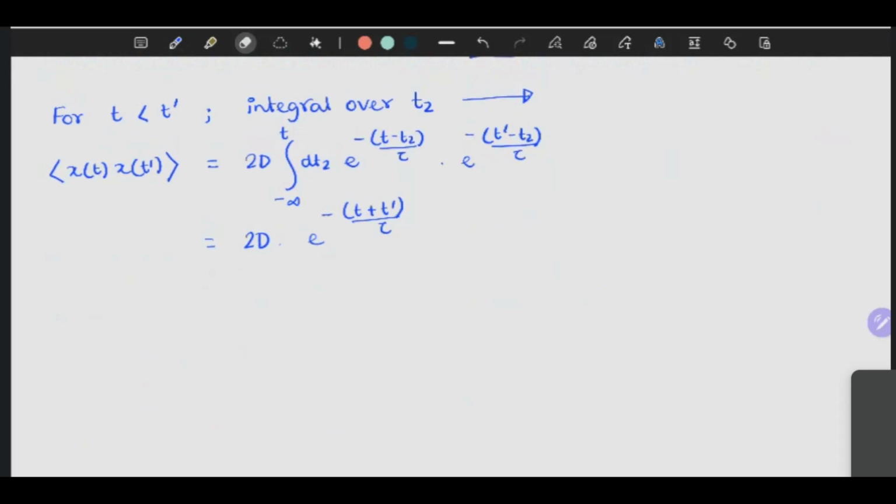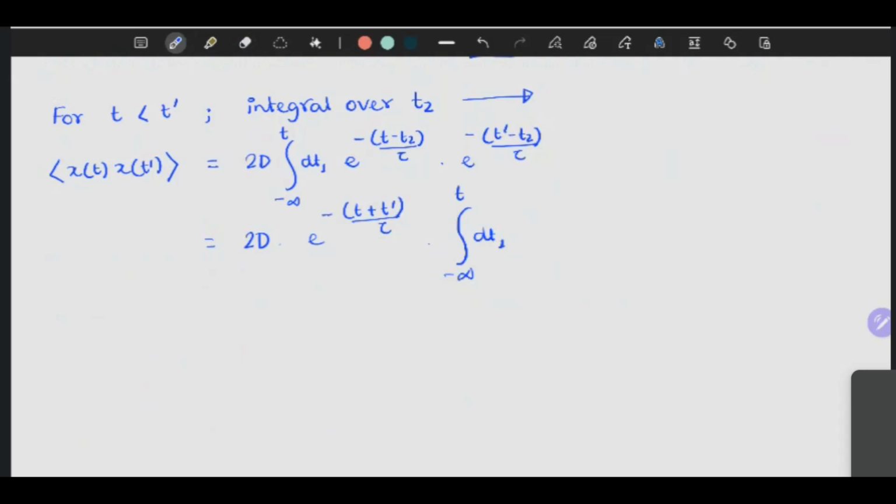The integral is from minus infinity to t, sorry, dt1, this will be dt1, because we have integrated out the delta function for t2, right?